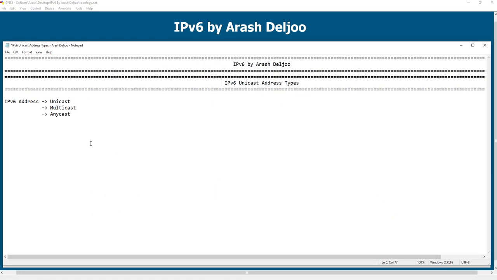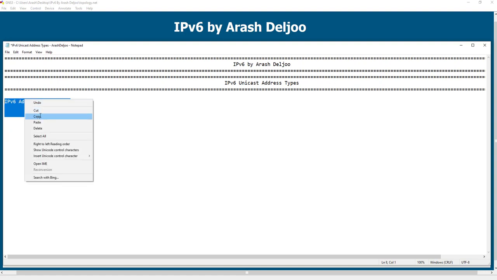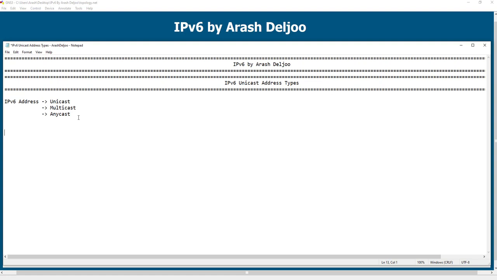But first, I want to review the same concept of these two types in IPv4. In IPv4 addressing, you know that we have unicast, multicast, and broadcast.